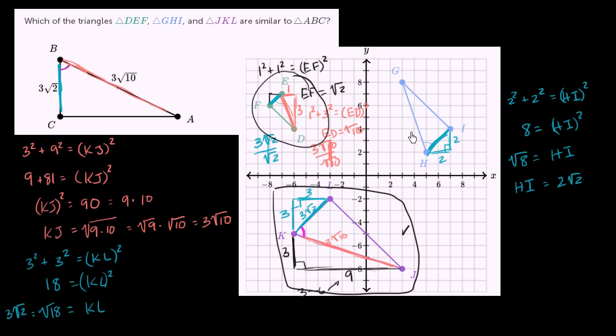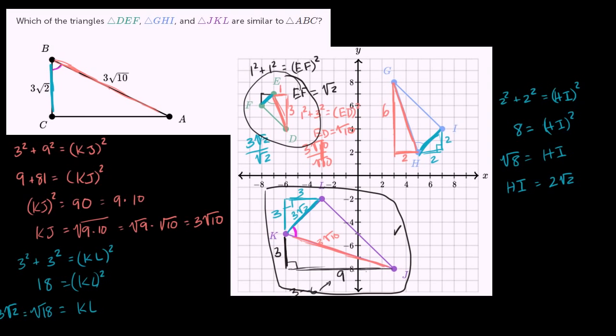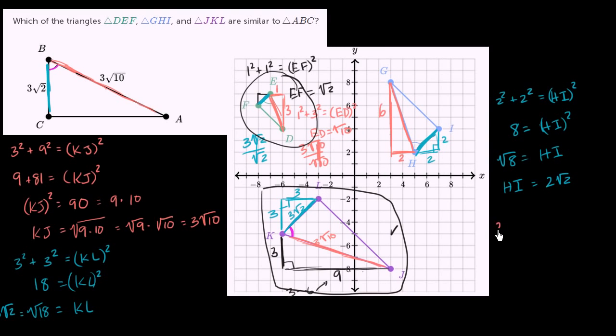And then the candidate to be corresponding to AB is HG. It's the longer of the two sides on either side of this angle. So for HG, we could set up a right triangle that looks like this. It's 2 wide and 1, 2, 3, 4, 5, 6 high. So we can write that 2 squared plus 6 squared is equal to the length of HG squared.